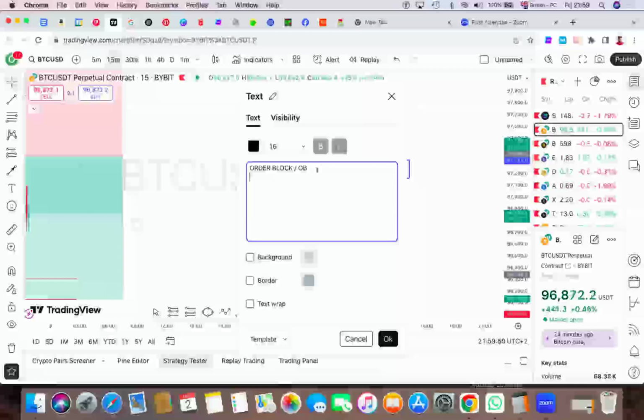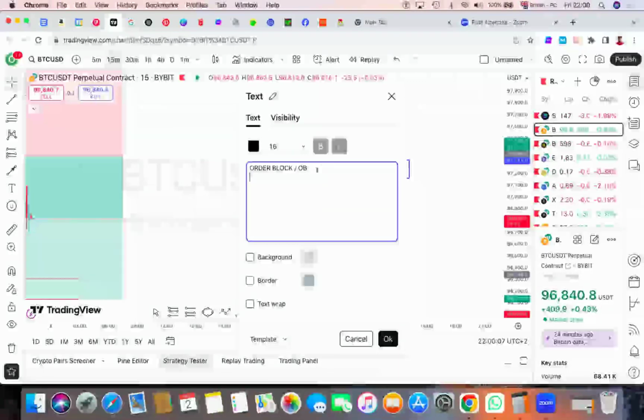You see, these things work together, right? If you don't know what a break of structure is right now, it's very hard for you to get what an order block is. It's very important that you know that. So do we have anybody who knows what a break of structure is?